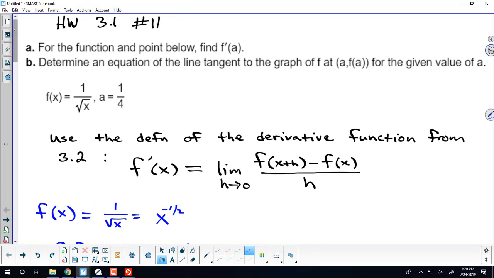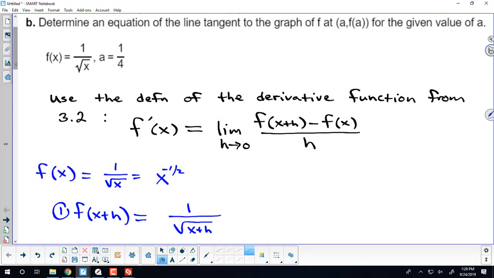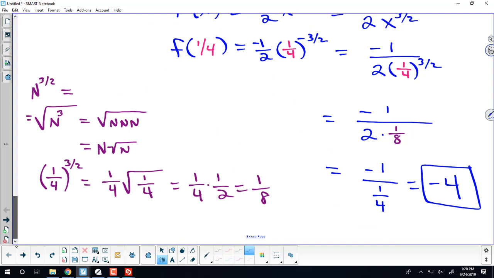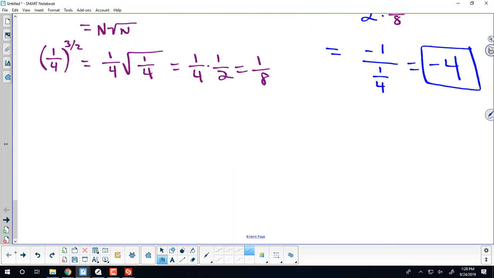And then to determine the equation of the tangent line, that's just our point slope formula. So I'll leave that for you.